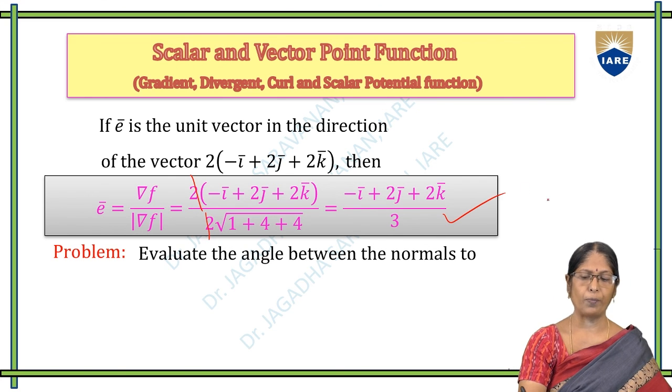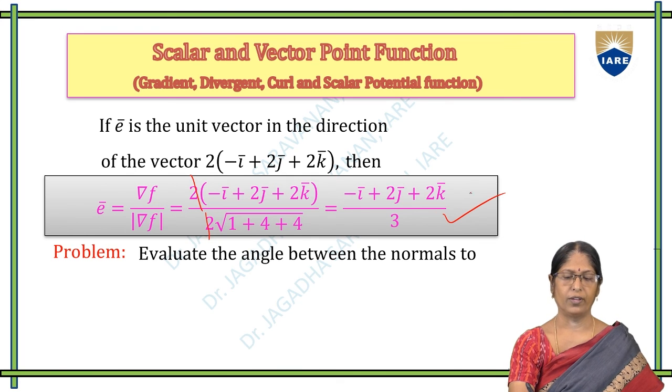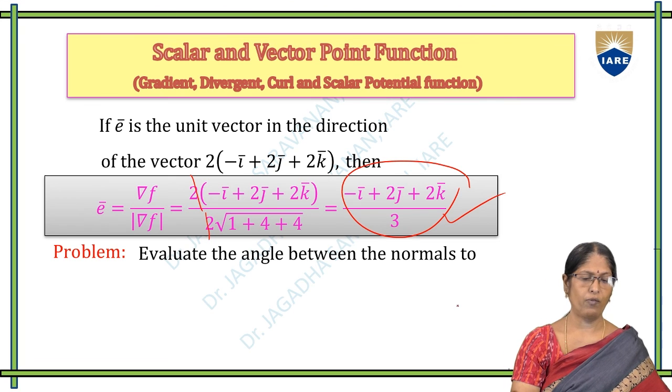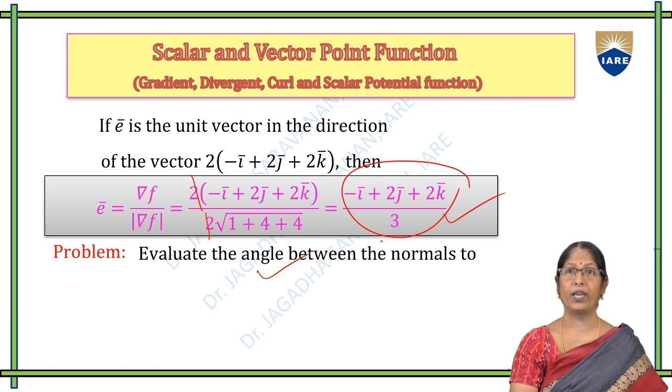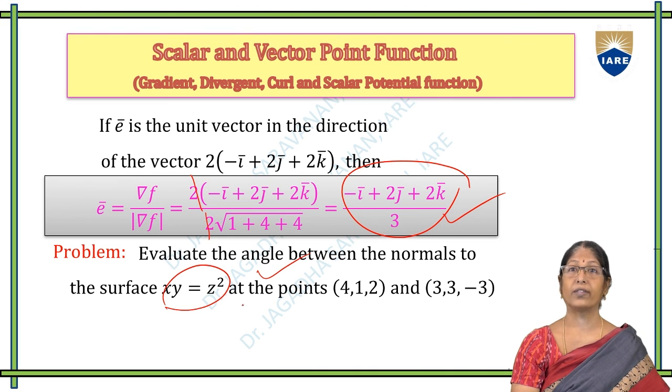So now we obtained for the previous problem the unit normal vector, minus i plus 2j plus 2k divided by 3.